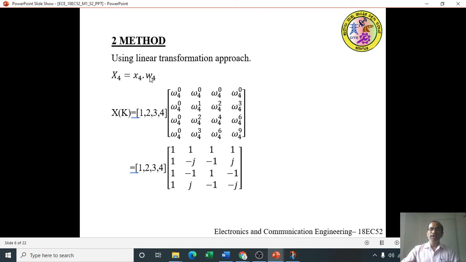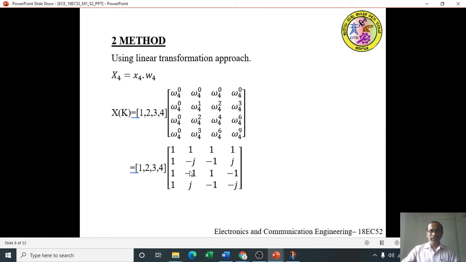Very important: since you are calculating the 4-point DFT, your twiddle factor matrix will be 4 cross 4, with the first row all omega 4 power 0, the next row omega 4 power 0, 1, 2, 3, the next row omega 4 power 0, 2, 4, 6, and the next row omega 4 power 0, 3, 6, 9. Here also you can use the periodicity property and refer to the table to put in all the twiddle factors.